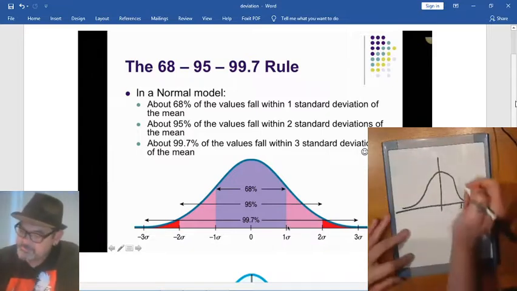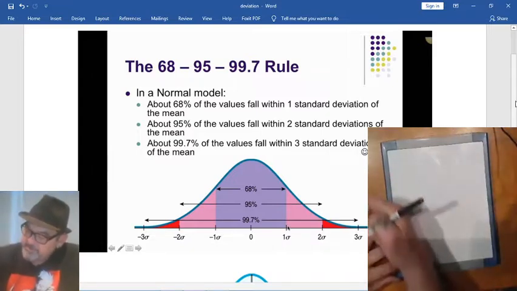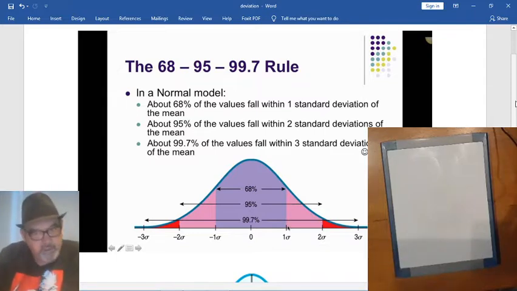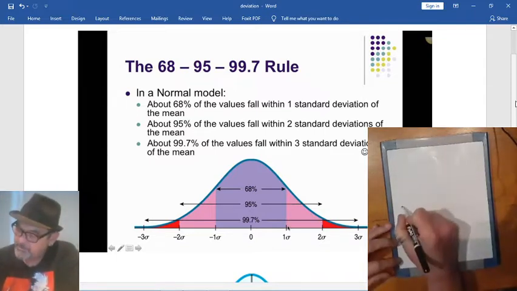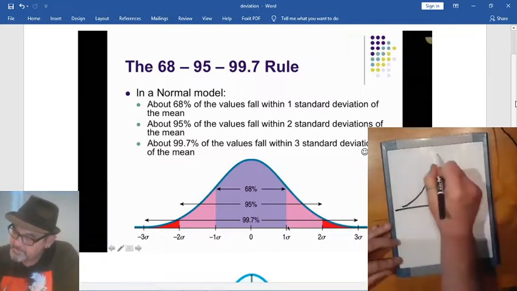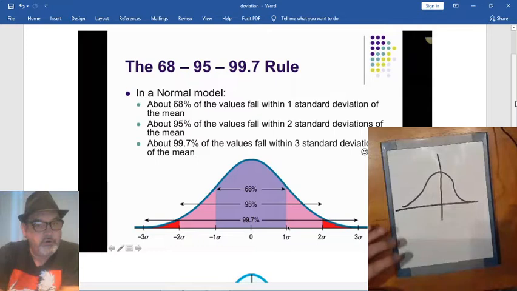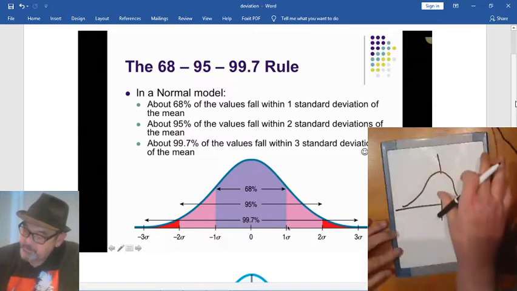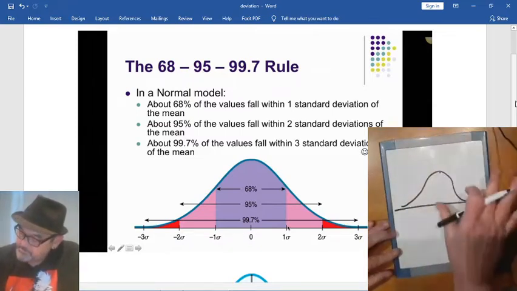So here's how this works. Standard deviation looks at the average or the center, and picks points away from the center of the bell curve. Here's the center. That would be your average, your mean, and in a perfect distribution it would also be your median, so it's right in the center.